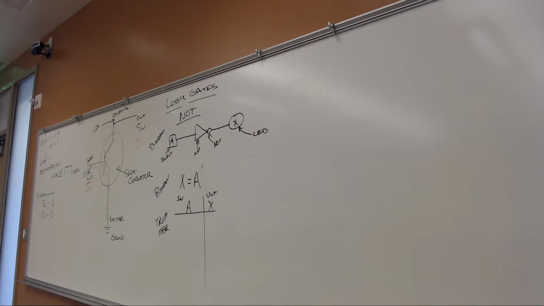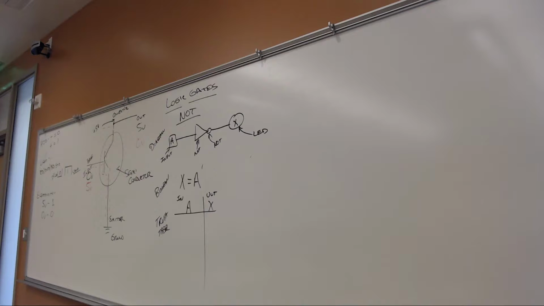If I have one input, how many different states can my circuit take? How many are there? It's an exact number. I got one input. 2. Why 2? Because it can only be a 0 or a 1. We're in base 2.